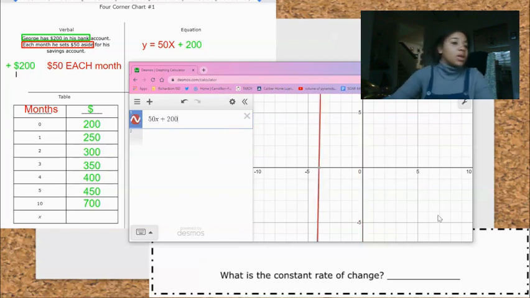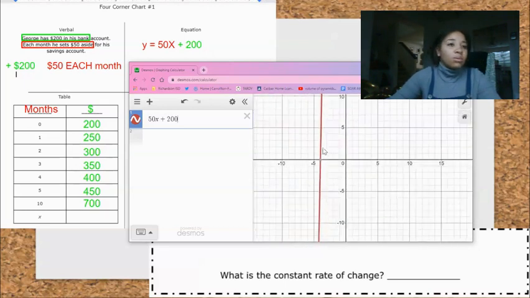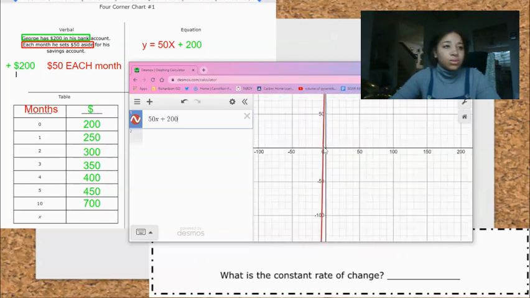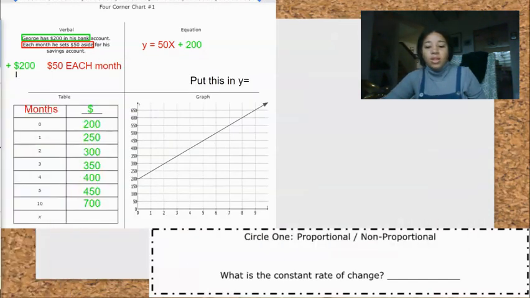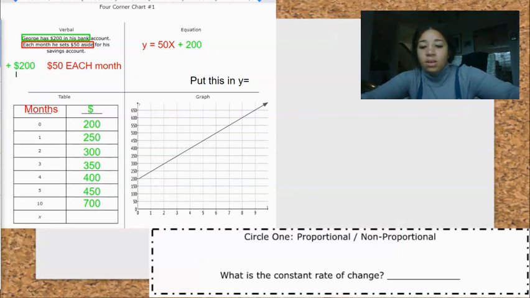Okay, and then you can zoom in and zoom out. I'm zooming out. I'm going to adjust it on this screen. I know you can't really see it, but it just helps you see the graph.